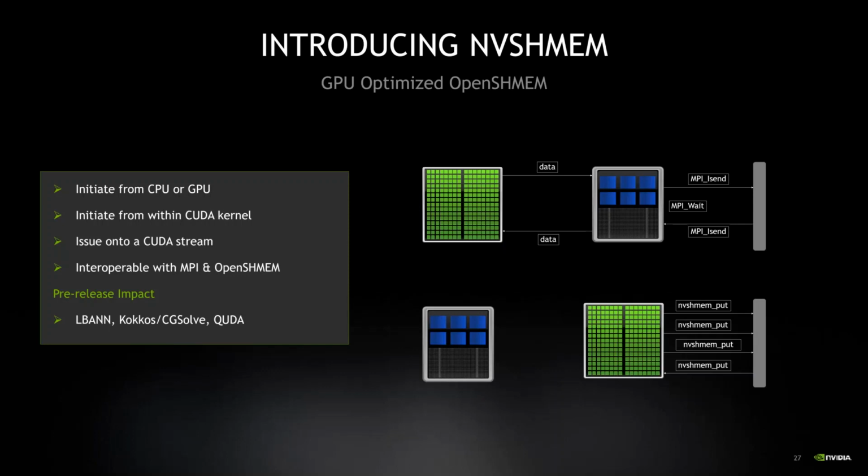NVSHMEM is a GPU-optimized implementation of the OpenSHMEM standard. This is a PGAS approach, a partitioned global address space implementation, and it can have advantages over MPI, especially for one-sided communications. It provides the ease of use of a shared memory model, but with the performance of a distributed memory programming model like MPI. It also brings improvements in developer velocity.